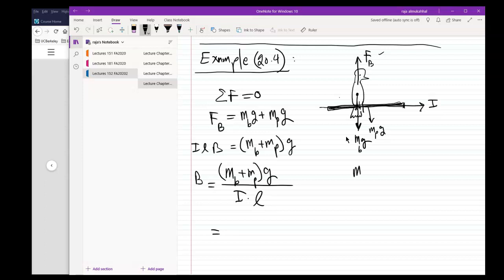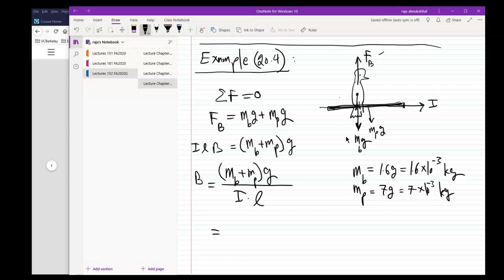He said the mass of the bird is 1.6 gram. That's 1.6 times 10 to the negative 3 kilogram. And the mass of the perch is, I'm reading it from my hard copy here, 7 gram, so that will be 7 times 10 to the negative 3 kilogram. So we add them up together.